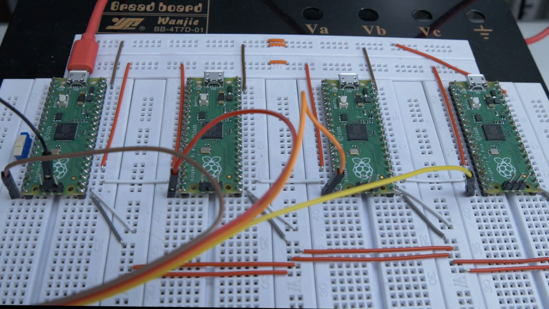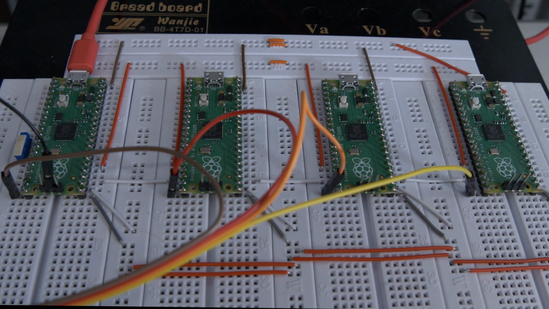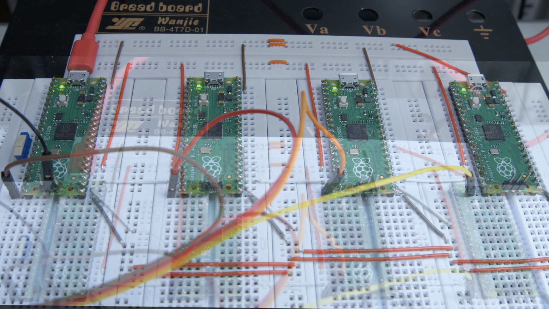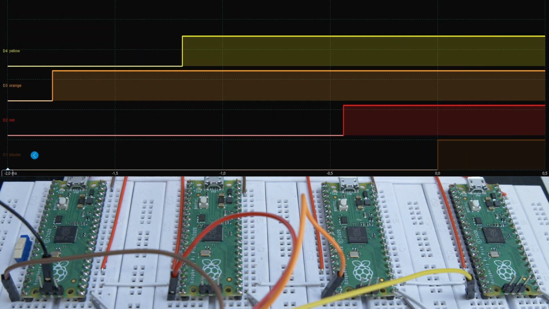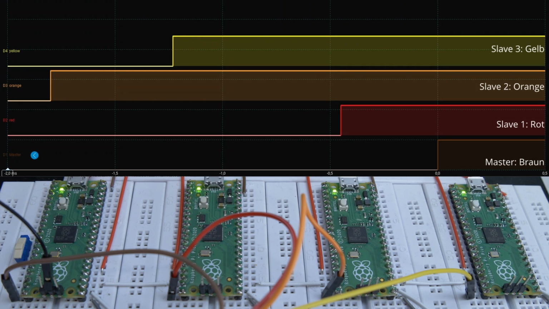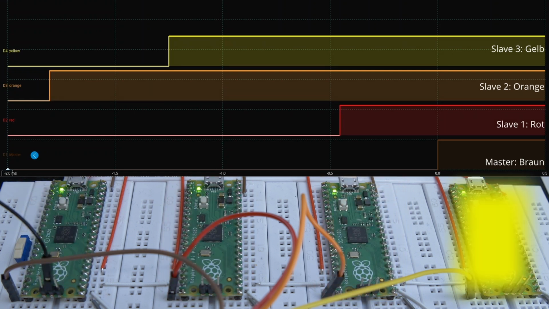Let's see. This setup shows the impact of temperature variations and synchronization using the drift estimation algorithm from TU Darmstadt at work. It comprises the same Picos as before, but the logic analyzer setup is slightly different. The time resolution is now 500 microseconds per division, and the channel colors from left to right are brown, red, orange, and yellow.